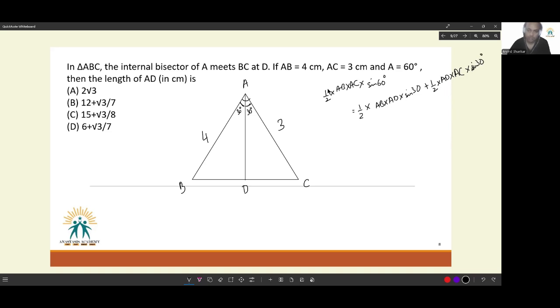What this ensures is I can get rid of half everywhere. AB into AC is 12. 12 times root 3 by 2 is equal to 4AD plus 3AD by 2. So cancel, cancel. Or AD will be equal to 12 root 3 by 7, which is given in option B.